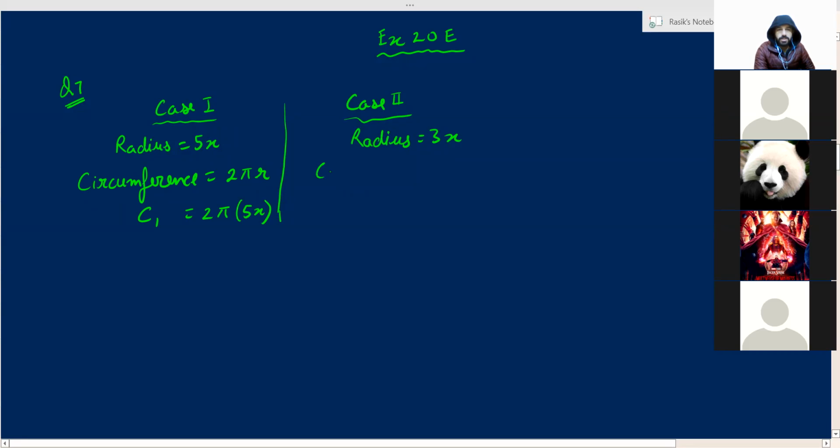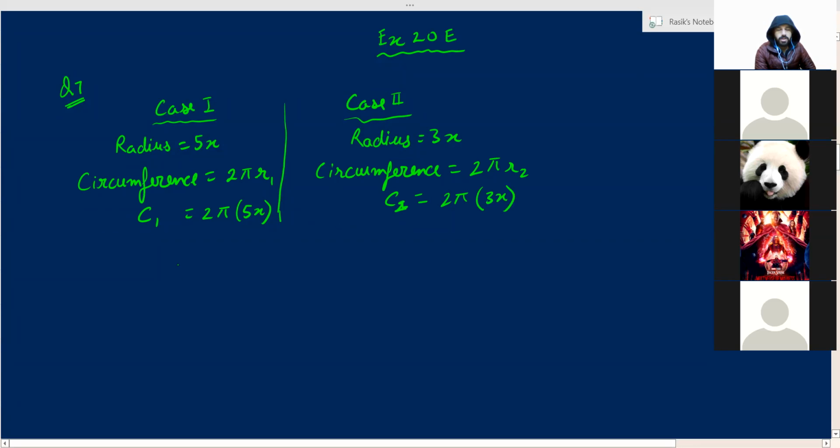And in the second case, again the formula will be 2 pi r. Let's put r1 here and r2 here because the radii are different. So C2, the circumference of the second circle, equals 2 pi into 3x, because the radius is 3x.